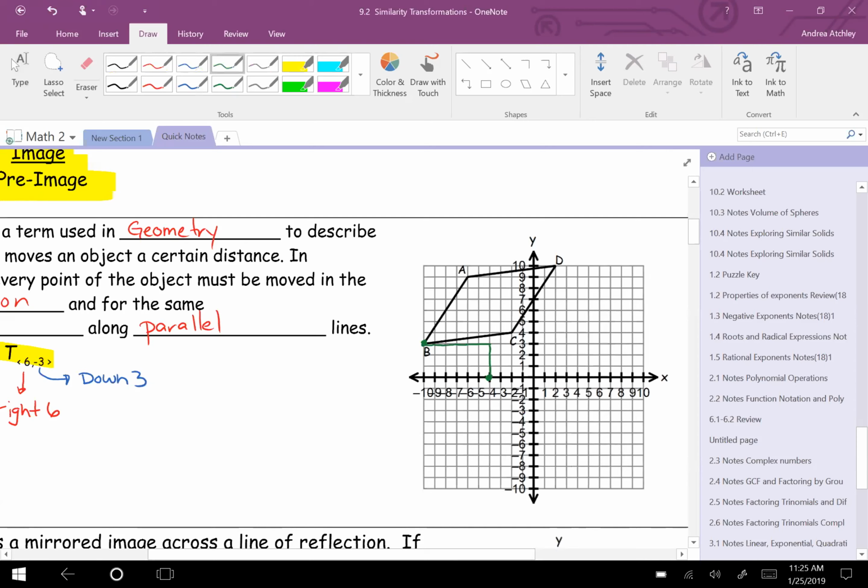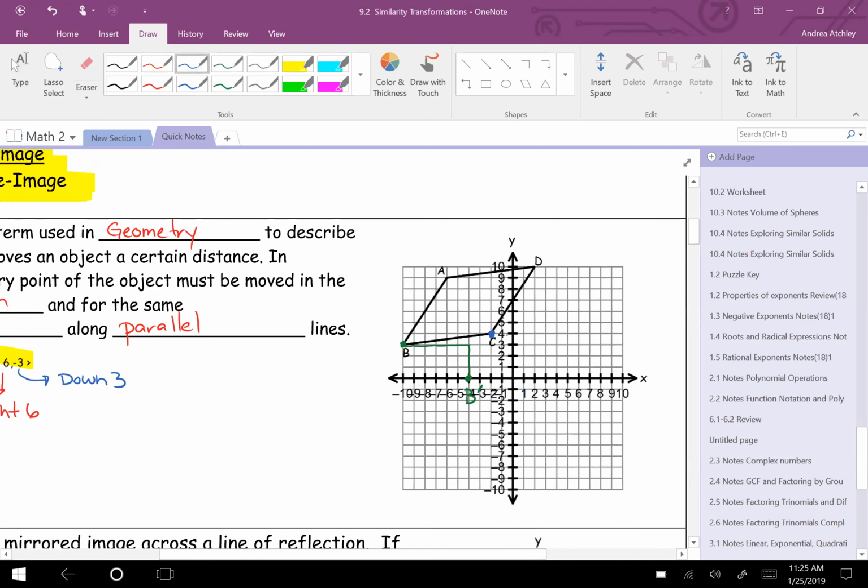Then I'm going to label that B prime. I'm going to do that same thing with C. I'm going to take point C and translate it to the right 6, so 1, 2, 3, 4, 5, 6, and down 1, 2, 3. And label that C prime.